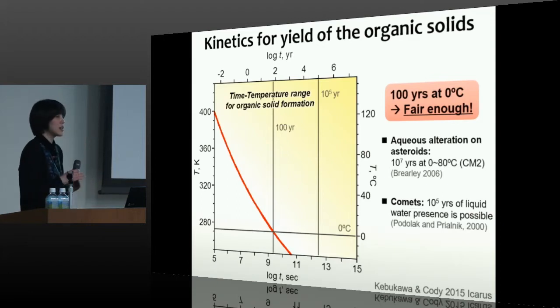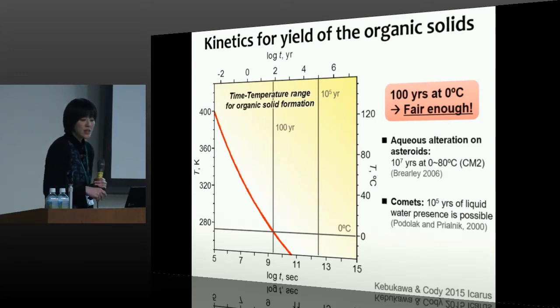Assuming that the reaction mechanism doesn't change in these temperatures, even at 0 degrees Celsius the organic solid can be formed in 100 years or so.